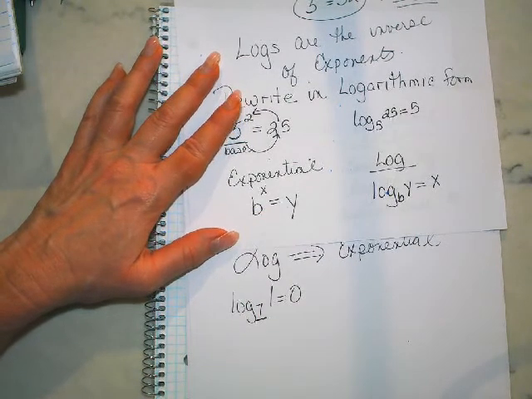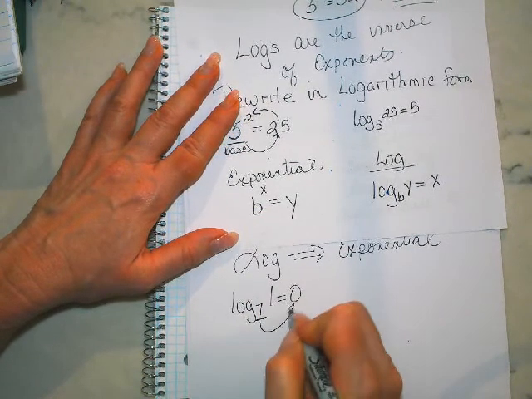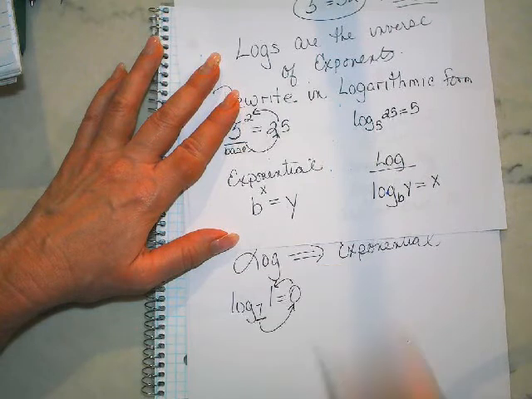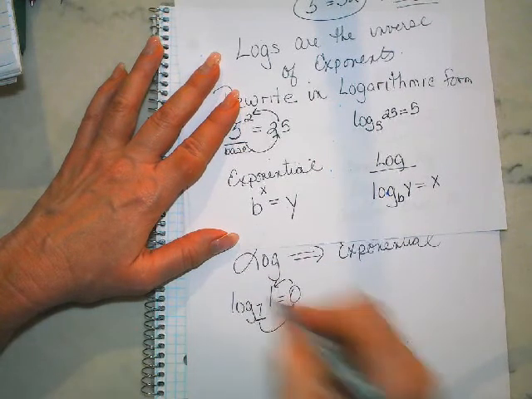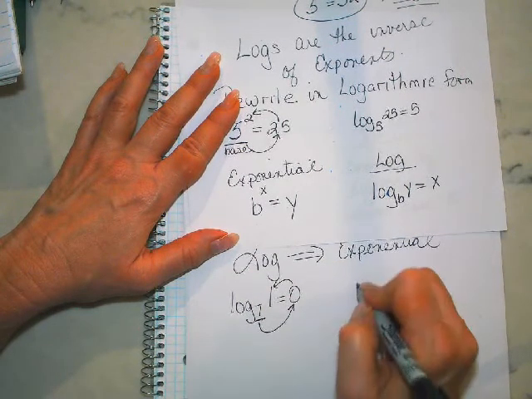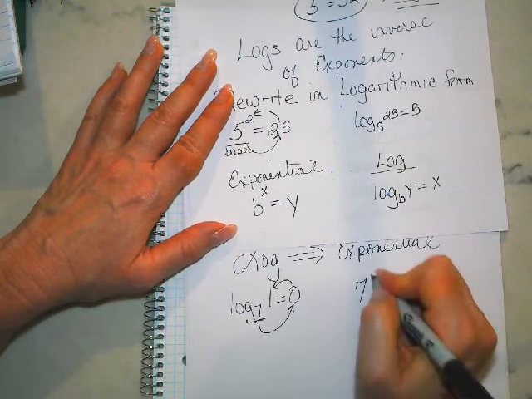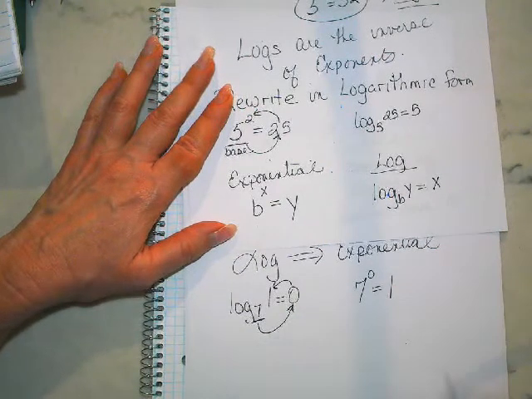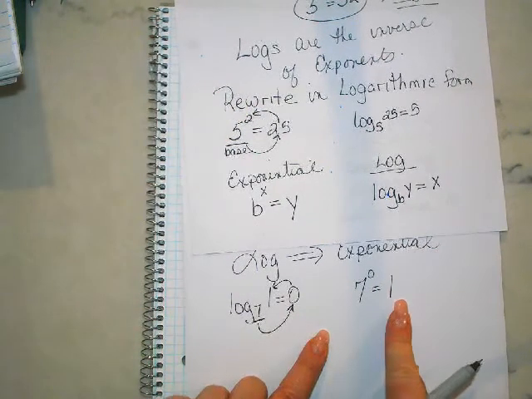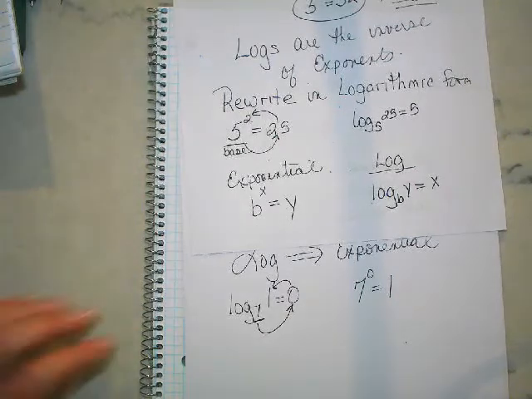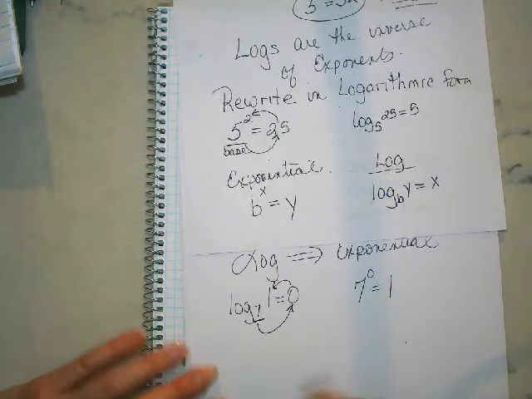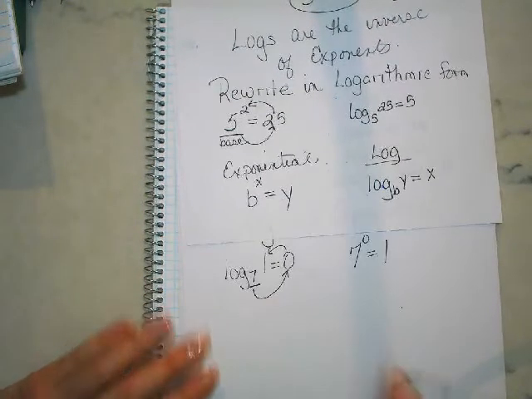I have it like this, I want it like this. Again, always start with the base and draw your arrows like that. It's almost like a circle. So your base becomes the base of your exponent, raised to the 0 power equals 1. Think about it. Is 7 to the 0 power 1? Yes, it is, so you have it written correctly.